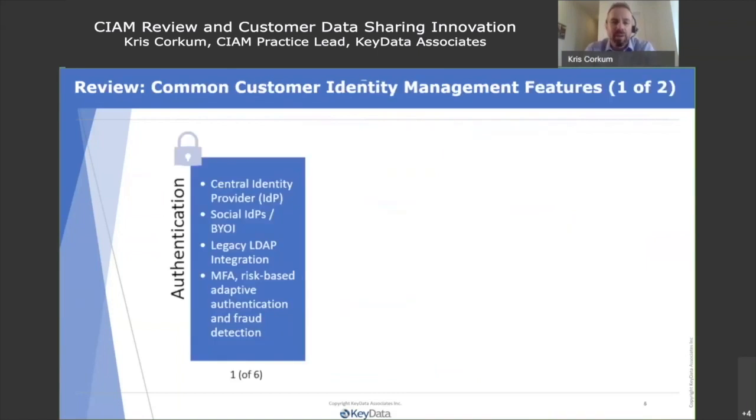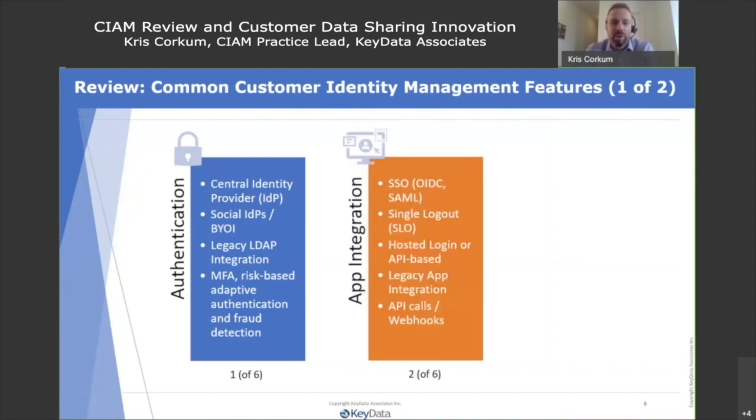So I've just broken down CIAM into 6 main areas. The first one, authentication, one of the main features used by all CIAM solutions. And I think Padmalatha covered this very well, so let me skip over that one. App integration, same thing.